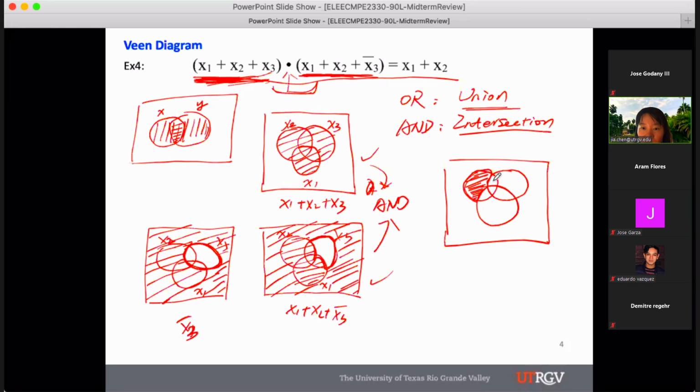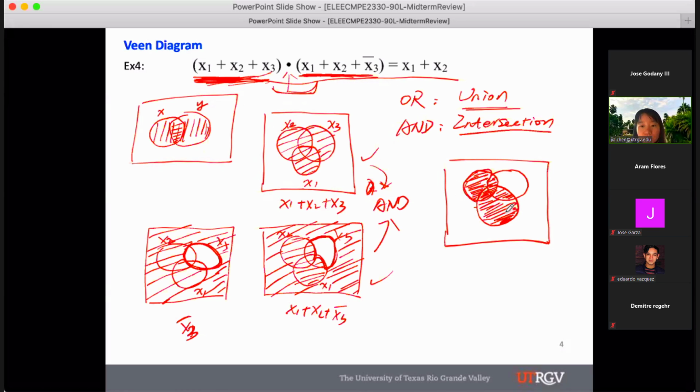And this area is also shared in the top and the bottom figures. The same as this area, which is also shared. But the rest of the areas are not shared in the top and the bottom plots, so the rest are not included.